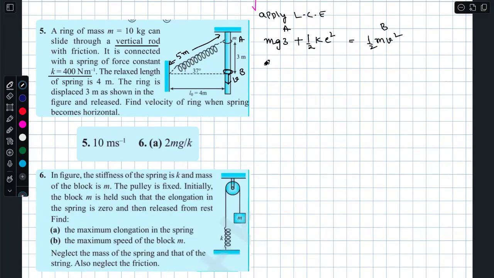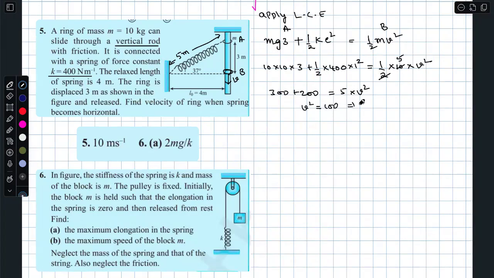So 10 into 3 plus half into 400 into elongation 1 square is half into mass 10 into velocity square. 300 plus 200 is 5v square. Clearly, v square is 100 and v is 10 meter per second.